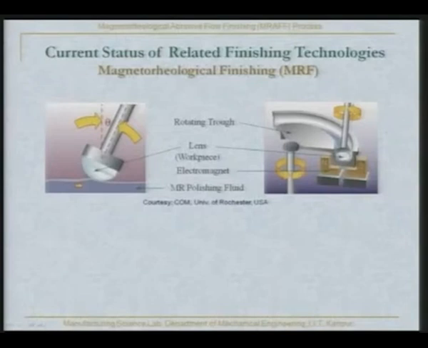Now, on the right side if you see, you have two magnets indicated by N and S, north pole and south pole, and there is a lens which is to be finished.